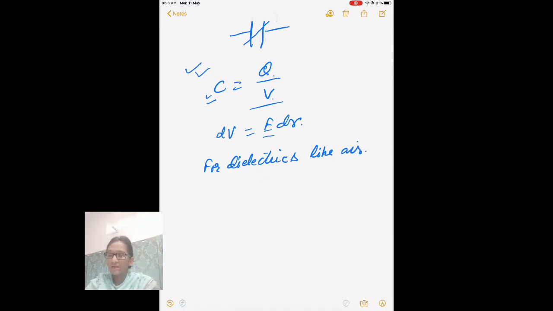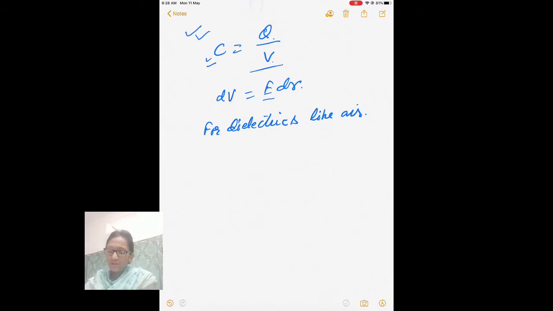After that, the dielectric air will be converted into conductor. It will turn conductor. So that maximum limit of electric field, so that air remains dielectric and does not turn into a conductor, that maximum electric field limit is equal to 3 into 10 to the power 6 volt per meter.